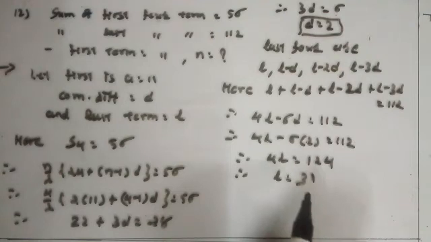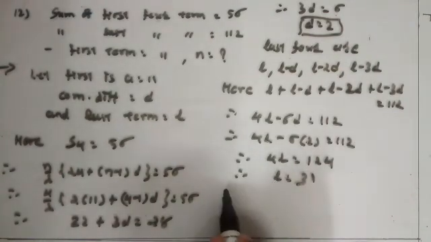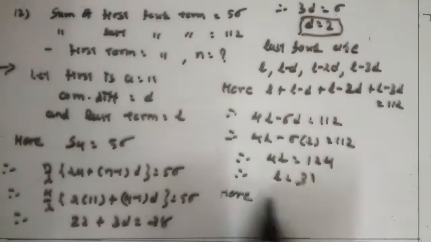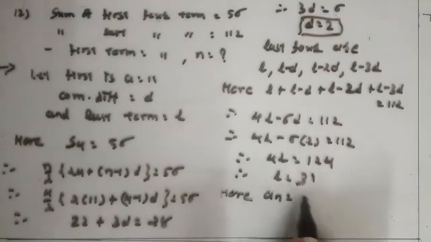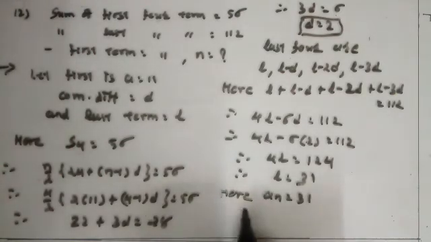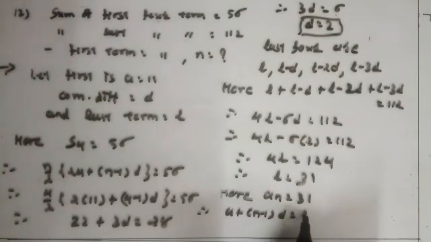Now we find the number of terms. Here the last term, that is an, is equal to 31. Therefore a plus n minus 1 into d is equal to 31.